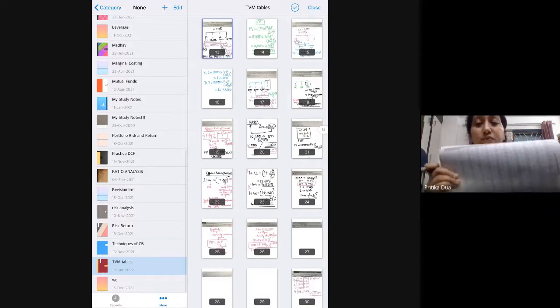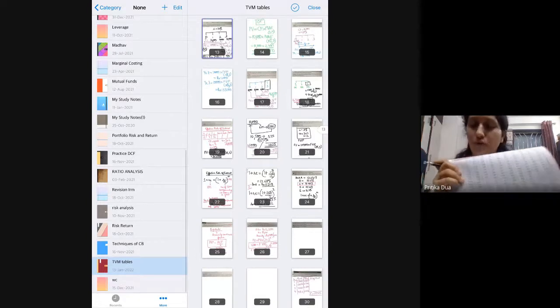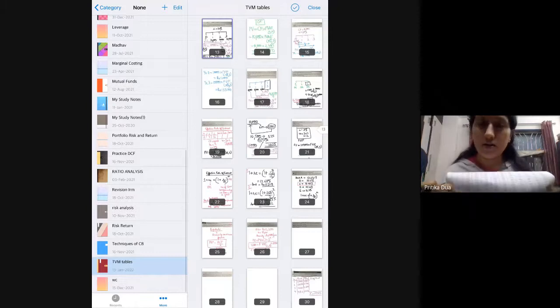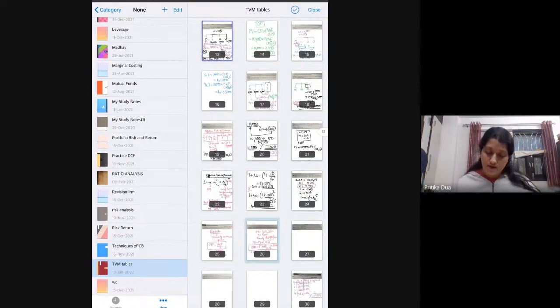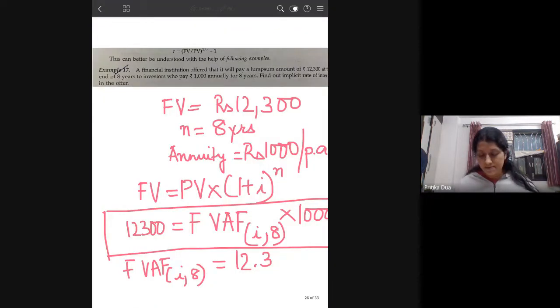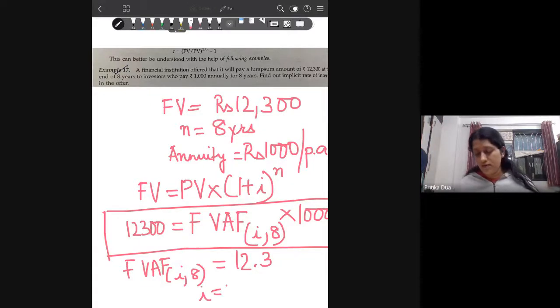Then I move further to the next page of the table, and there against 8 years or 8 number of periods, I'm getting the exact value 12.3 under 12%. So I am able to calculate the implicit rate of interest I as 12%.